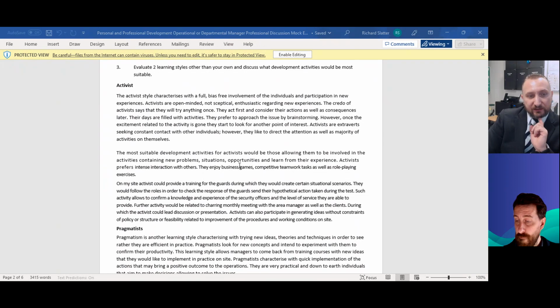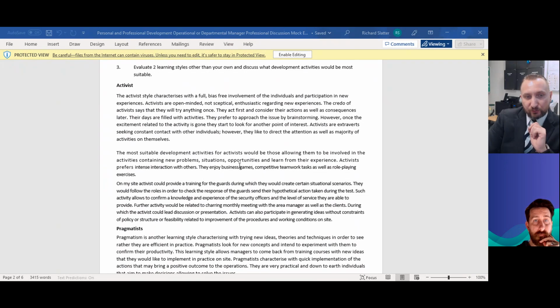On my side, activists could provide training for guards, during which they would create certain situational scenarios. They would follow the roles in order to check the response of the guards and their hypothetical actions taken during the test. Such an activity allows confirming the knowledge and experience of the security officers and the level of service they are able to provide.